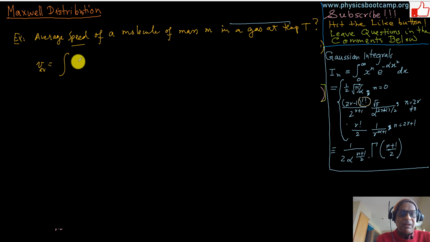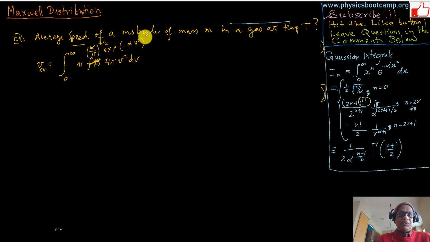So this is going to be the integral from 0 to infinity of v times f(v) 4 pi v square dv, and this f(v) is just alpha over pi to the power 3/2 exponential minus alpha v square.